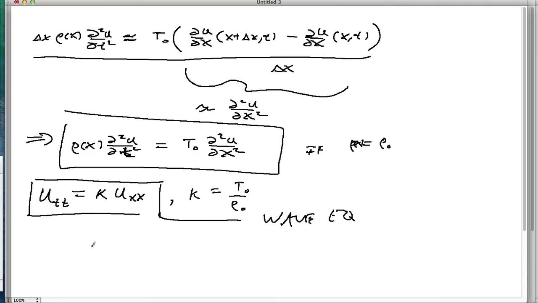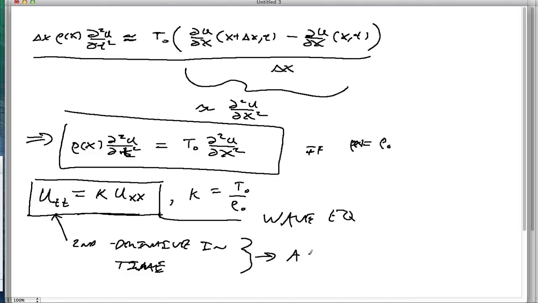Notice it looks a little like the heat equation, except here we have a second derivative in time. In general, when you're diagnosing a PDE and you see a second derivative in time, you should always think about acceleration, and you should think in terms of inertial forces.